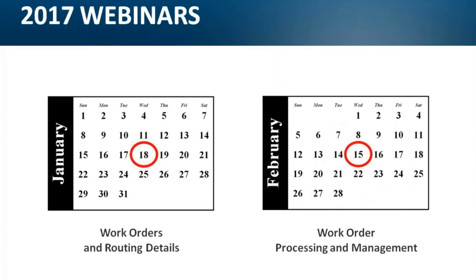Olena will be back to show the fastest and easiest way to create and monitor them. And then in February, we'll take a look at processing and management, and that will include the impact of component issue on availability and inventory accuracy, the pros and cons of component issue, product receipt versus work order backflush, and lots of other great stuff, of course.